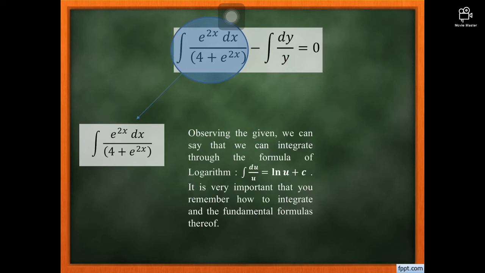If you do not know the fundamental formula, you will not be able to answer. So I want you to recall and review your integrals so that you can answer the problems.